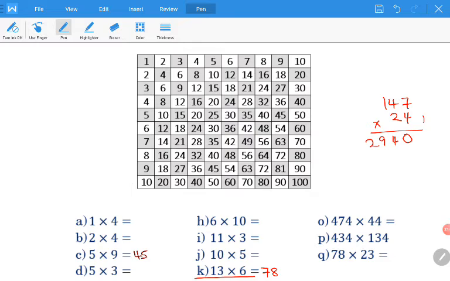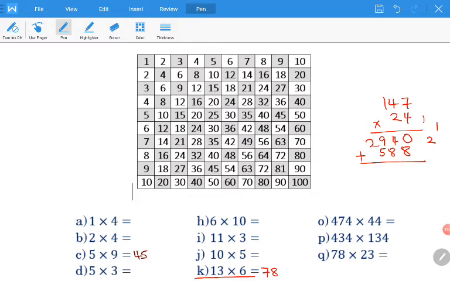Then we go on to multiply with the units. 4 times 7, this gives us 28, so it's 8 carry 2. 4 times 4, it's 16, plus 2, it's 18, so it's 8 carry 1. 4 times 1, it's 4 plus 1, that's 5.